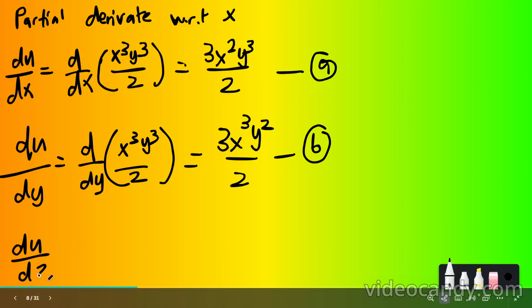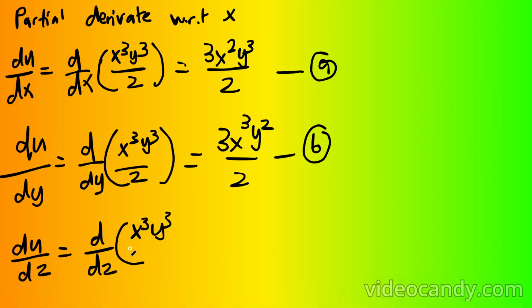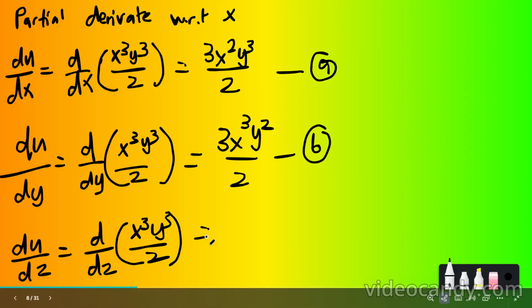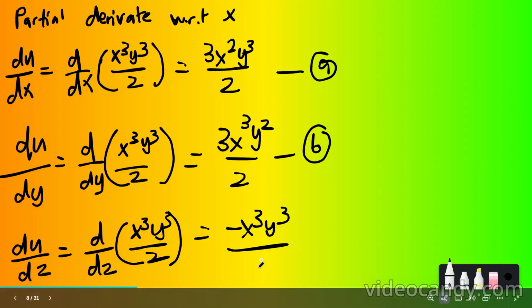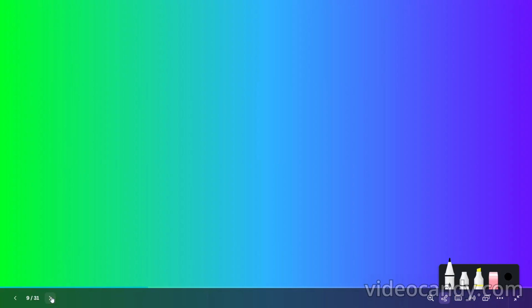And the last one is z. du/dz equals d/dz of x^3 y^3 z^-1, which equals negative x^3 y^3 / z^2. That's step C. The answer is negative x^3 y^3 / z^2.